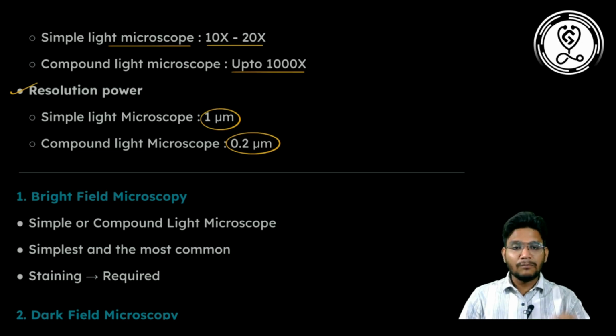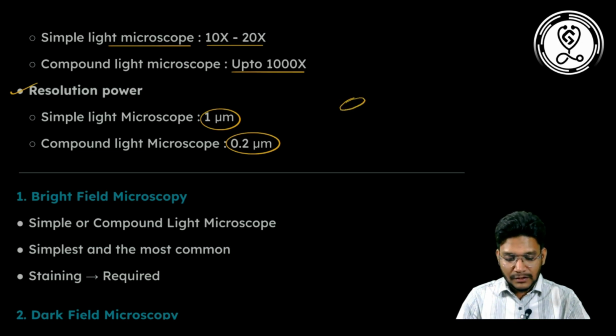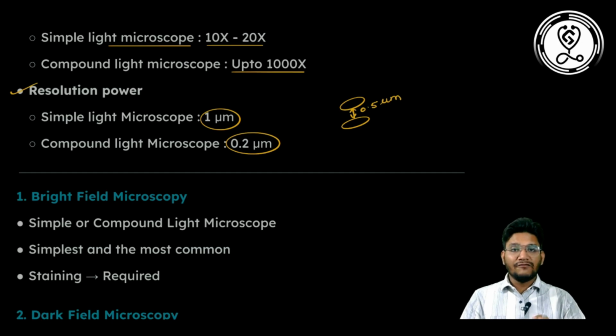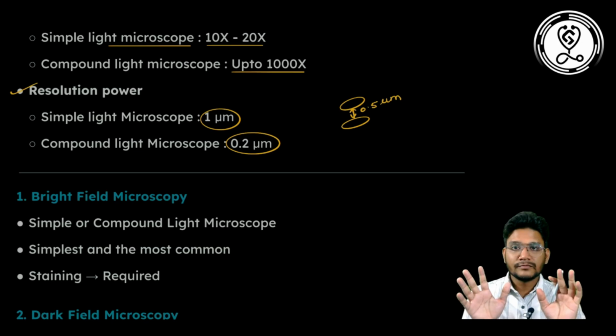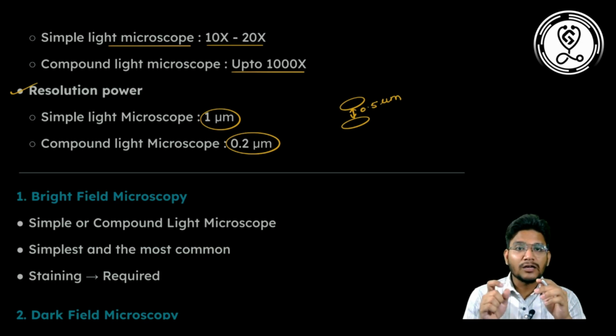Okay. So suppose we have two bacteria. First is this and second is this. And these two bacteria are separated from each other by 0.5 micrometer. And if we want to see these two bacteria separately, what do we need? Do we need a simple light microscope? No, because the resolution power of a simple light microscope is 1 micrometer.